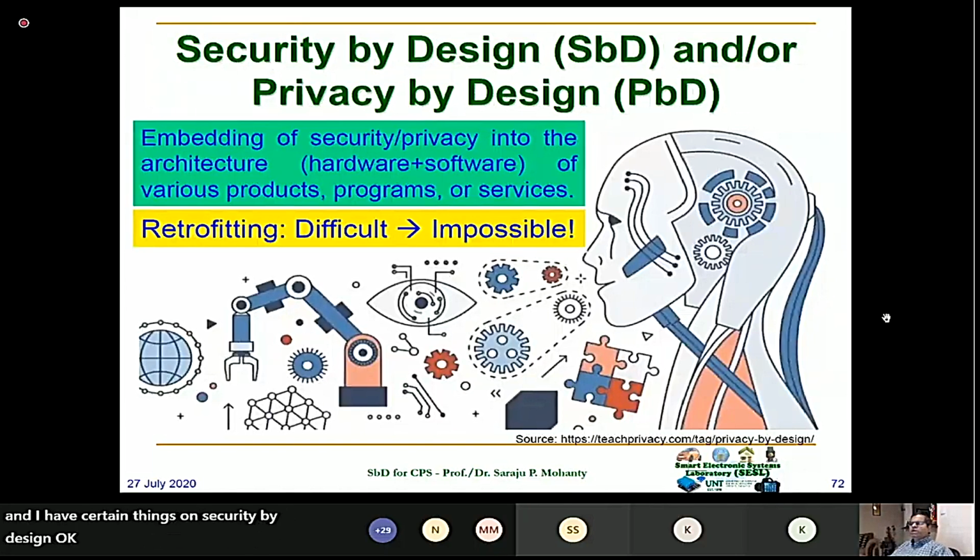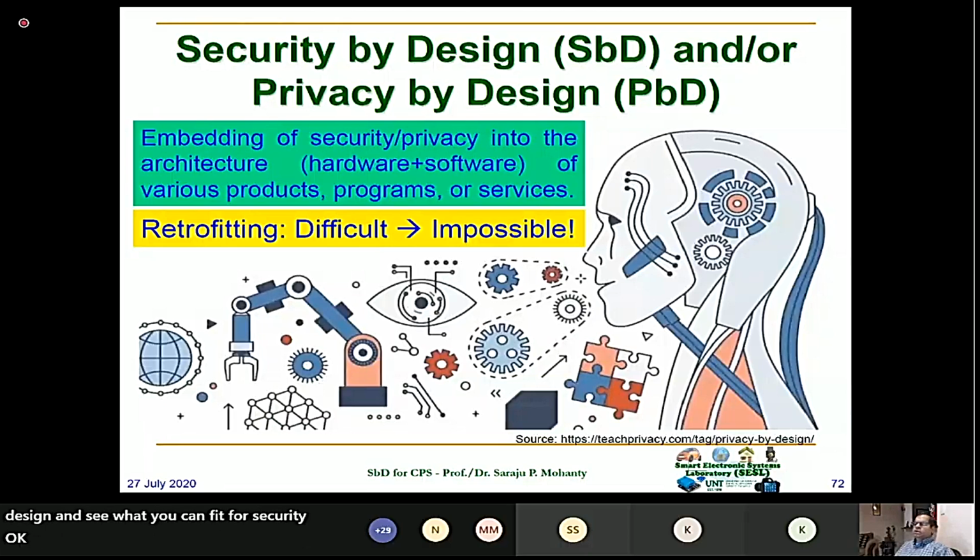Anyway, the key idea in security by design or privacy by design is to work on the security and privacy aspects from step 0 of the design process. That is the idea. Not that you finish the design and see what you can fit for security.